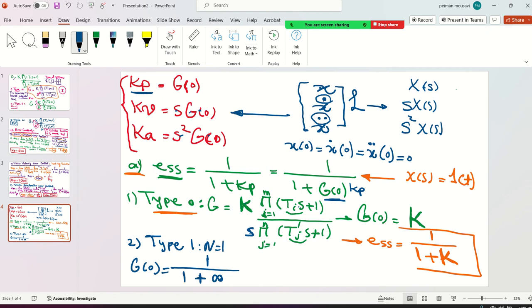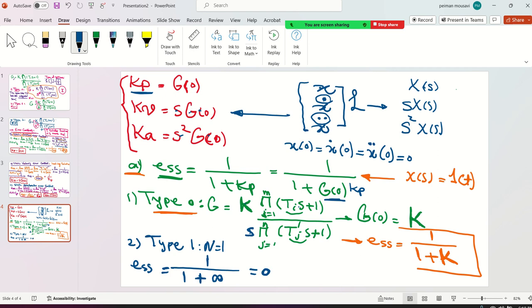So 1 divided by infinity. I'm sorry, this is ESS. How much is that? Because this is infinity, 1 divided by infinity is 0.